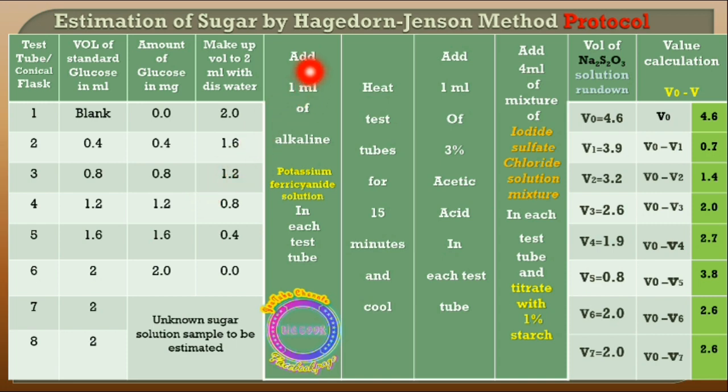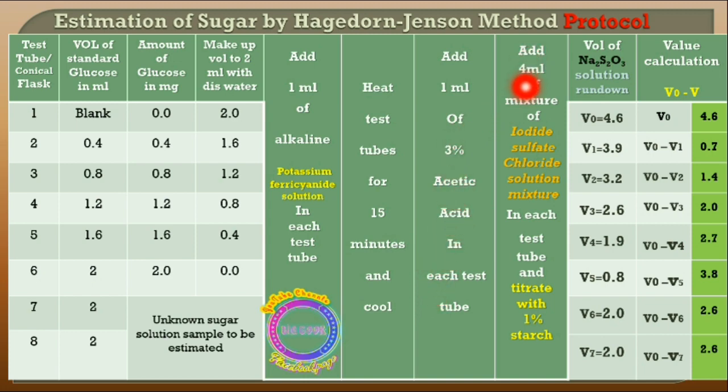After that we are going to add 1 ml of alkaline potassium ferricyanide in each test tube, heat the test tubes for 15 minutes and cool them. Further we are going to add 1 ml of 3% acetic acid in each test tube.